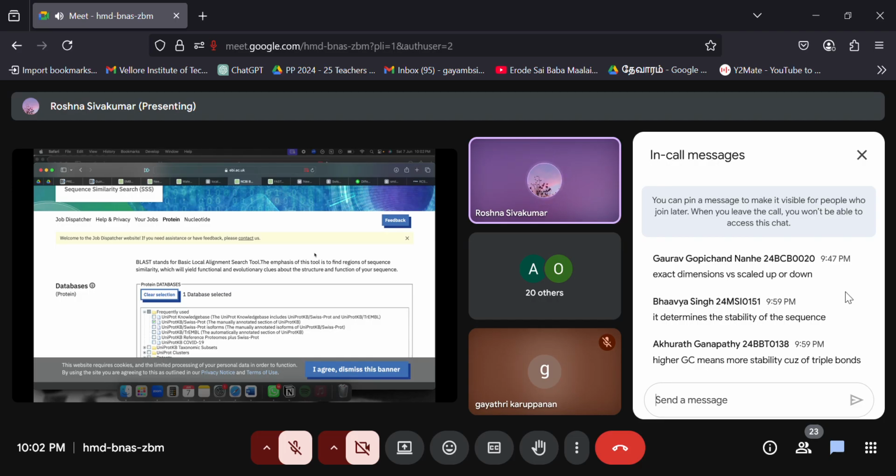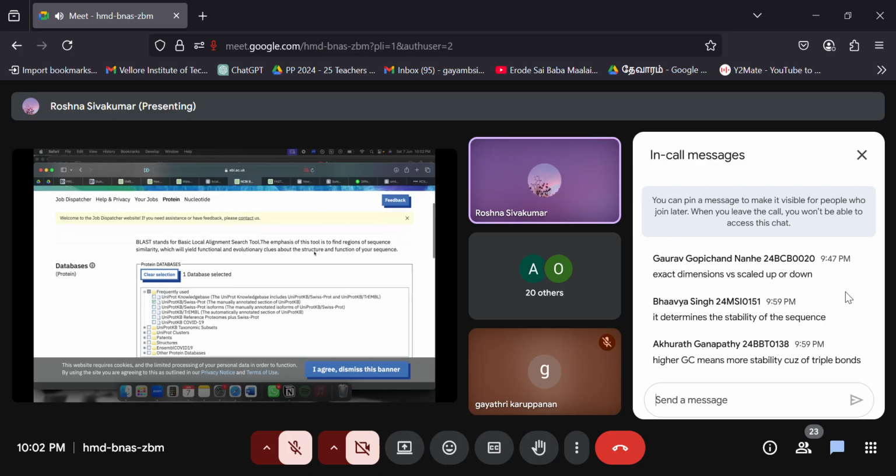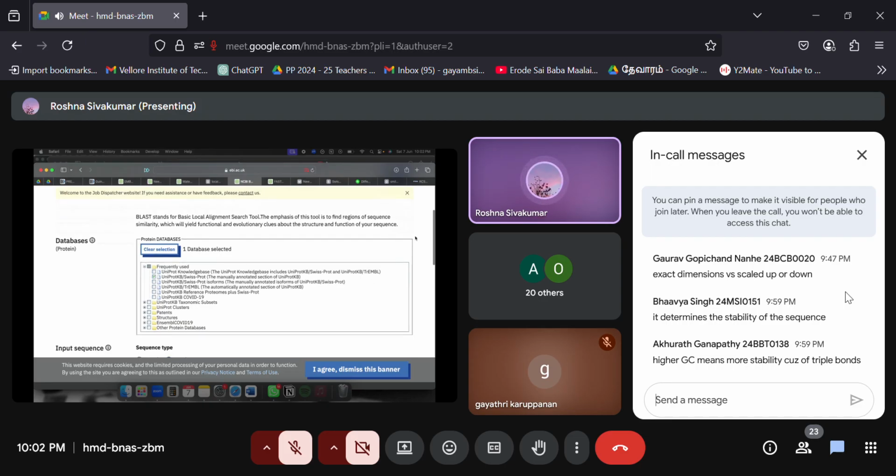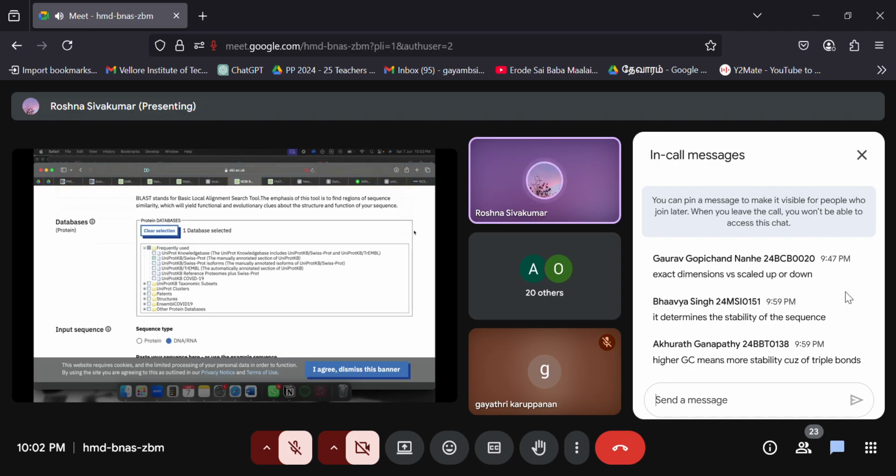In the previous local and global alignment, you had both sequences and worked with only the two of them to find out how similar or different they are. But in BLAST, you compare your sequence with the whole of the database. It's not like you have a fixed thing.